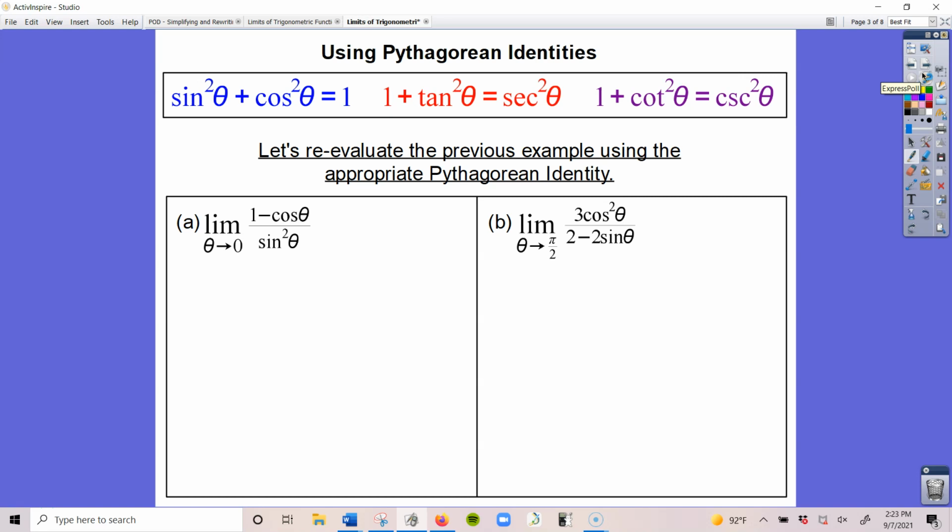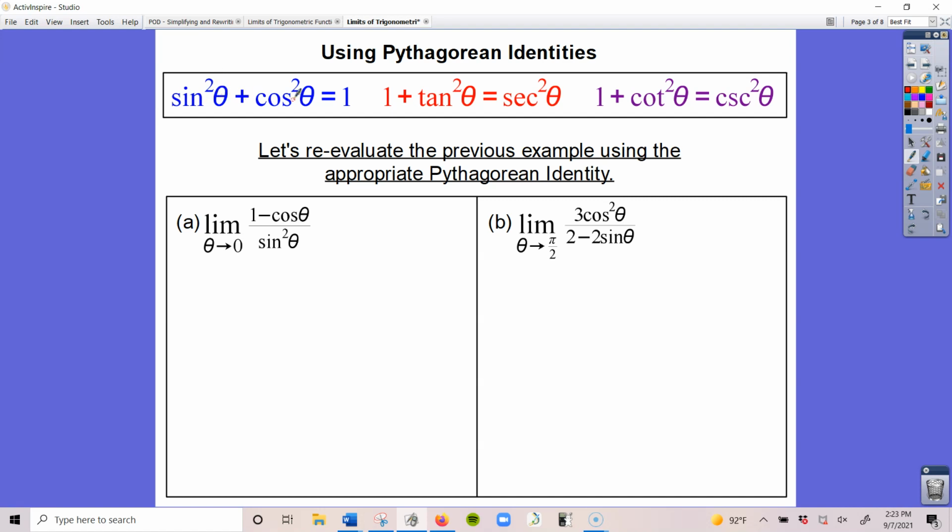Now the trick here is using our identities. These are the most commonly used identities, which are the Pythagorean identities. It's because they kind of look like the Pythagorean theorem: a squared plus b squared is equal to c squared. If you look at this, all of these have to do with squares.